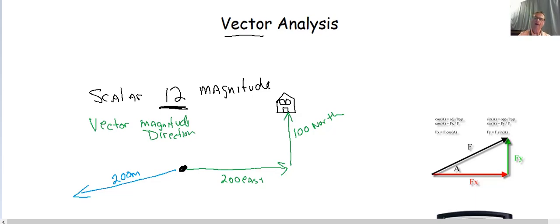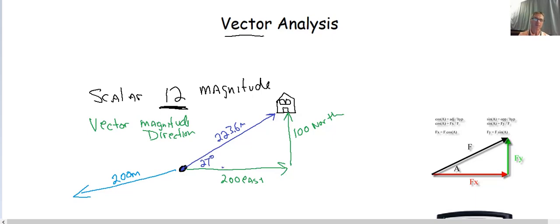Another way that I could give you that direction would be, starting from where you are now, walk, and I don't have the exact distance from this point to my house, but I just did the calculation, so actually I do have it, 223.6 meters, say, I'm just making up this number, 27 degrees north of east.